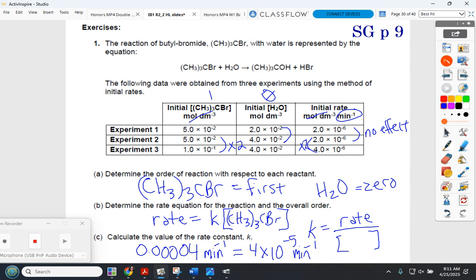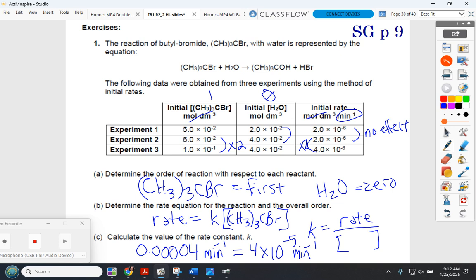Also, I just want to mention that part B, I forgot, was also asking for the overall order of the reaction. What is the overall order for this reaction? The overall order is going to be the sum of the orders for all the reactants.